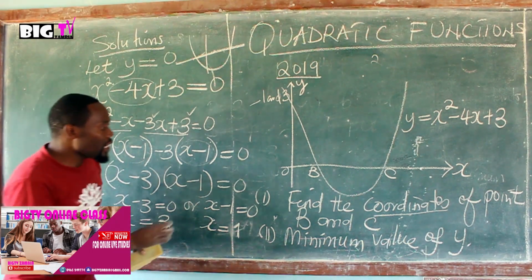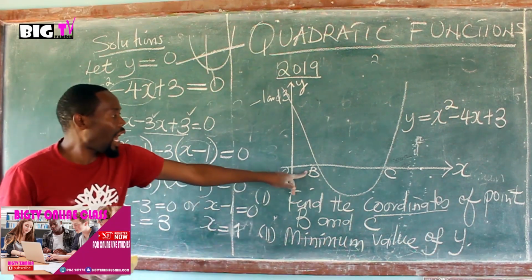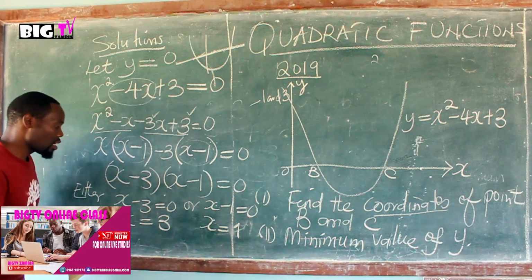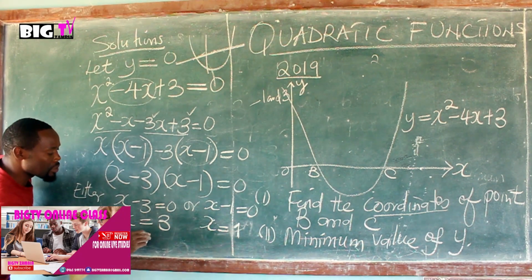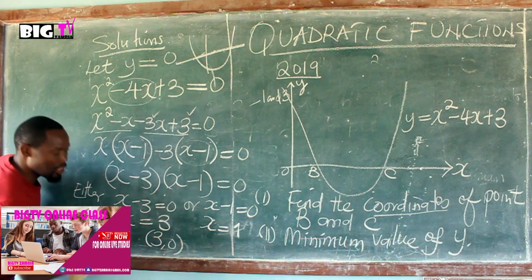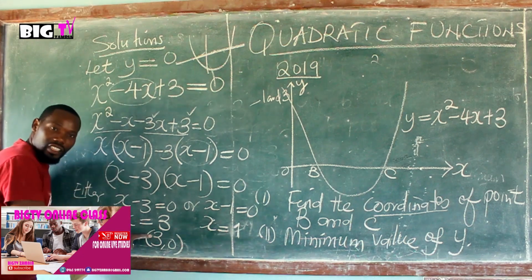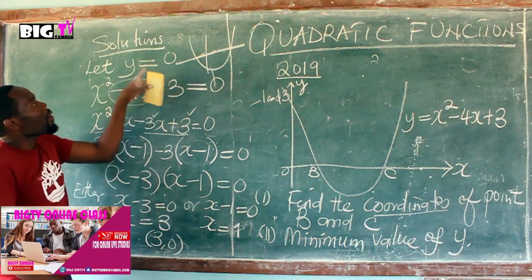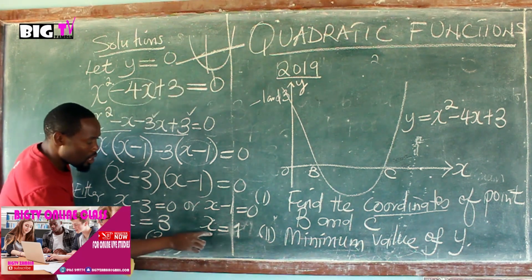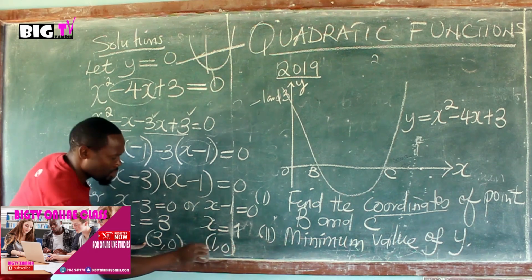Now, the question is, find the coordinates of point B and point C. So this becomes 3, 0. Why? X we know, and y, remember when we said let y be equal to 0. Here, 3, 0. Then here, it will be 1, 0.